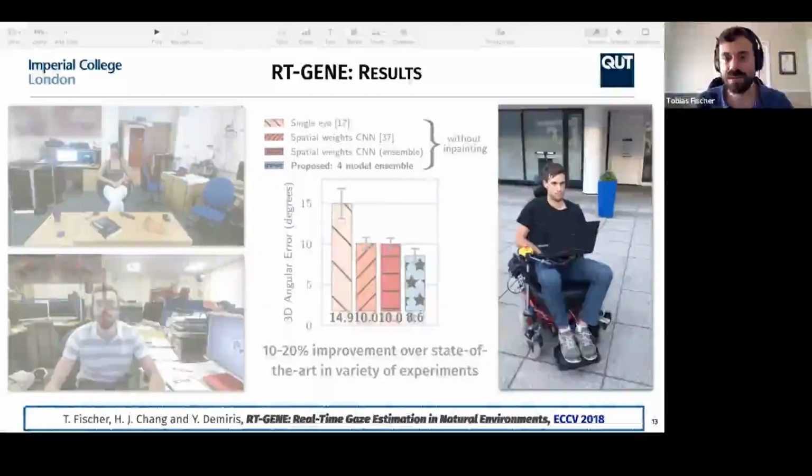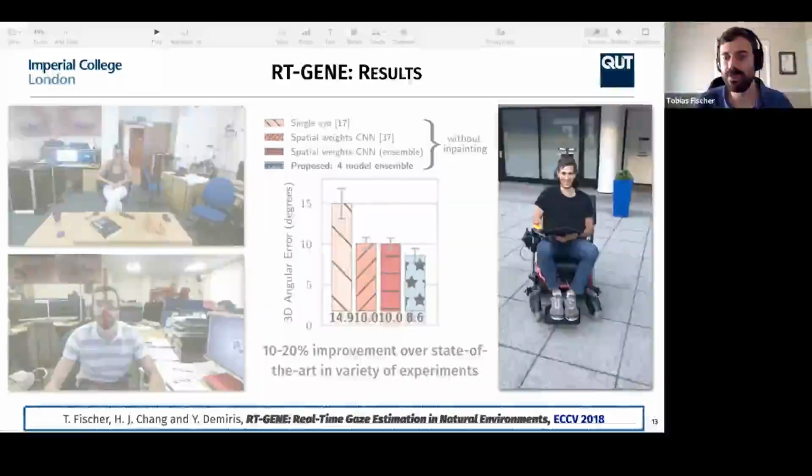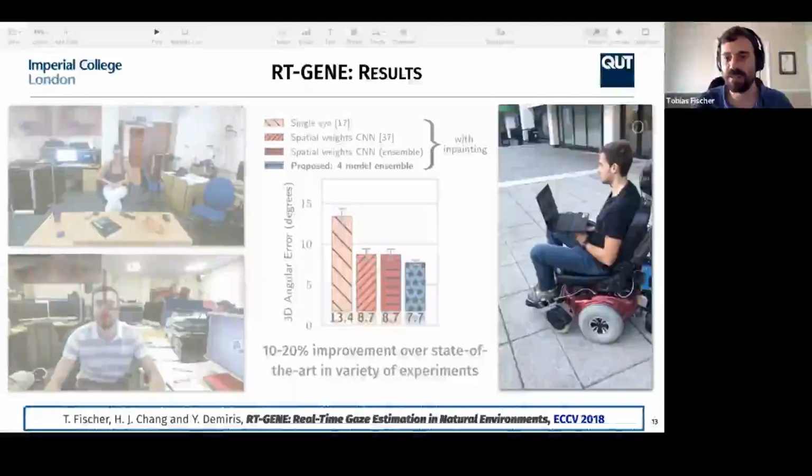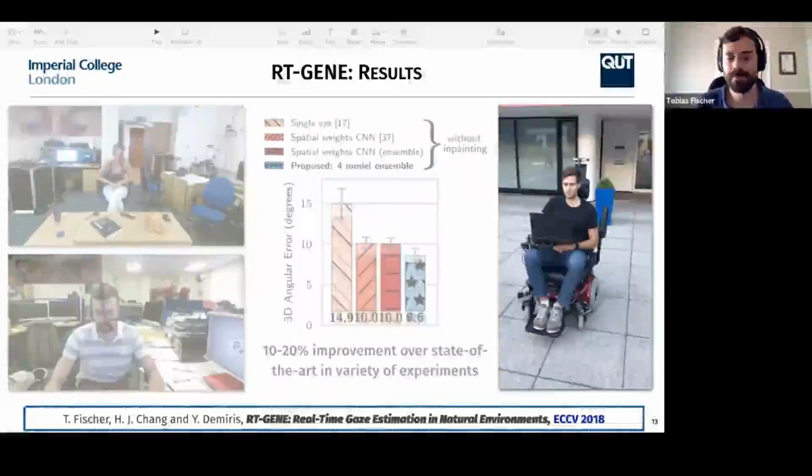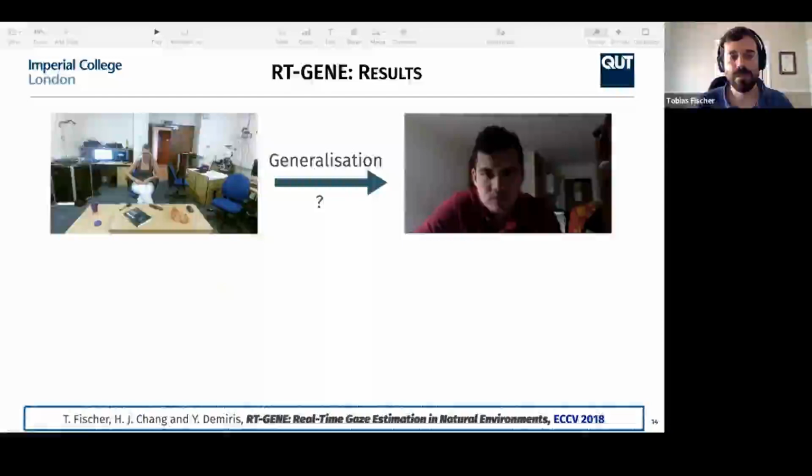Whereas our method is robust against those changes, and we've shown that you can use it outdoors in direct sunlight, and it still performs really, really well.